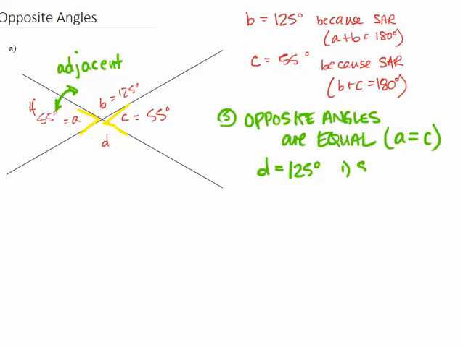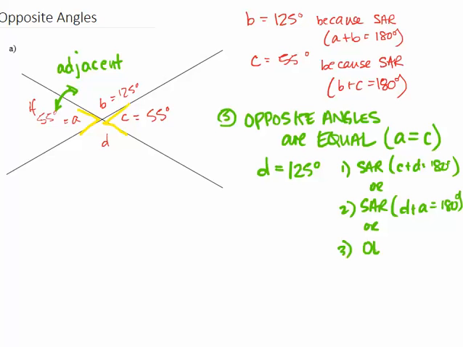Either SAR, because C plus D equals 180 degrees, or SAR, supplementary angle rule, D plus A is 180 degrees, or third possible proof is opposite angles are equal because B equals D. I'll accept any one of these 3 answers. They're all correct. You don't need to give all 3 of them, but just one of them would suffice.